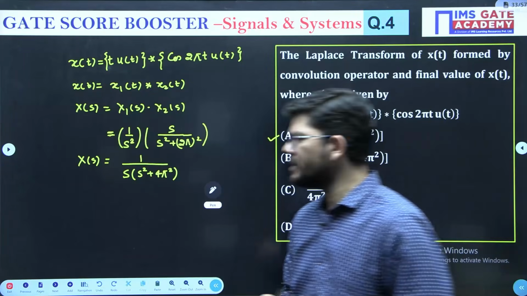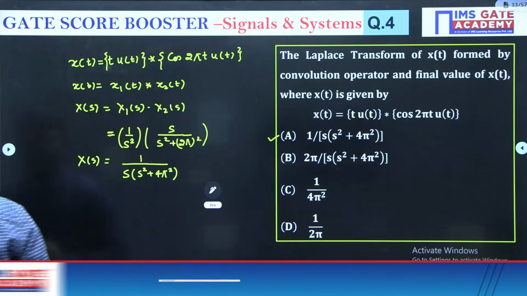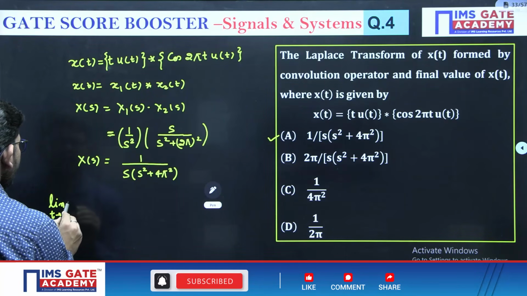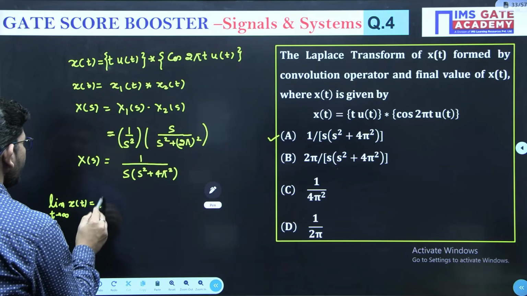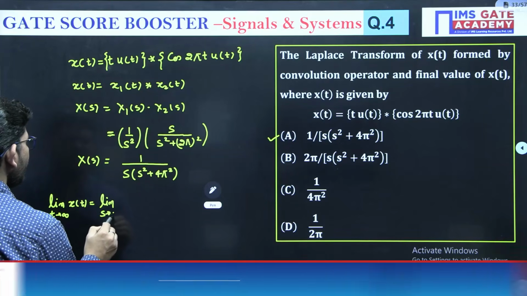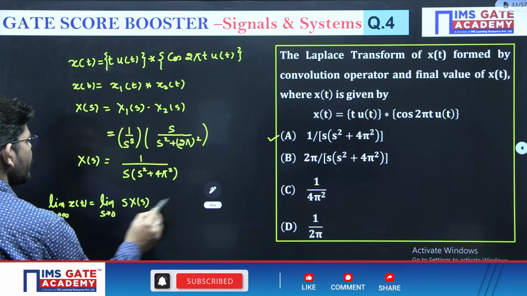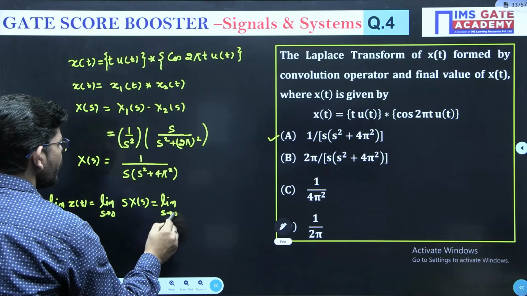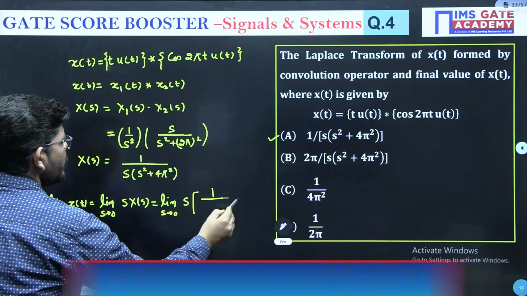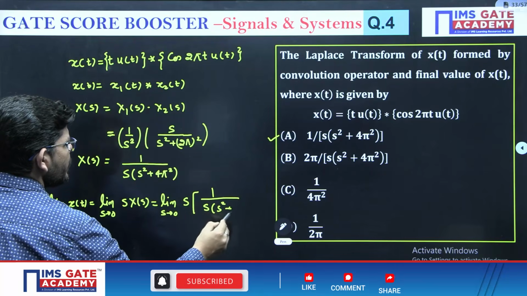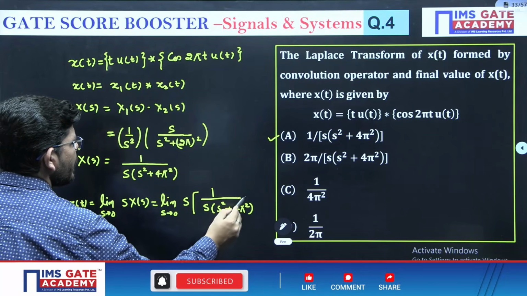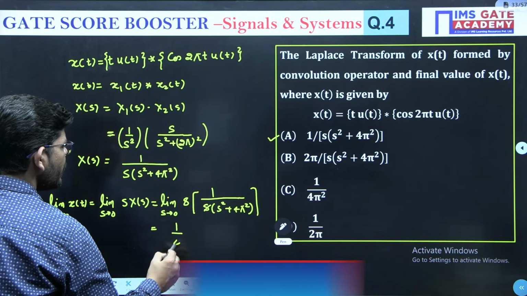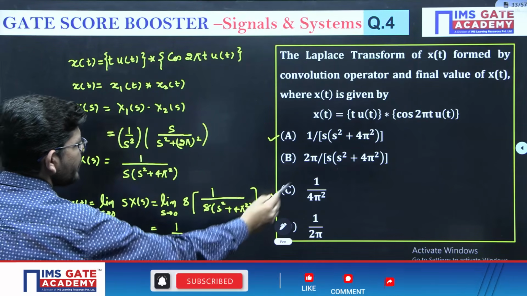As per the final value theorem, limit t tending to infinity x(t) is equal to limit s tending to 0 of s X(s), where s X(s) is s upon s square plus 4 pi square. Right, now just this will be cancelled and put the limit and you will get 1 upon 4 pi square. So this will be the right answer.